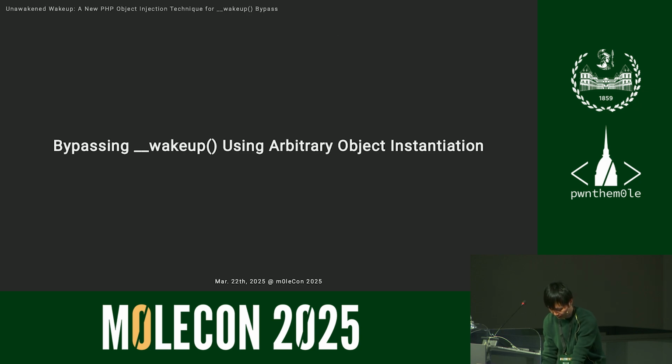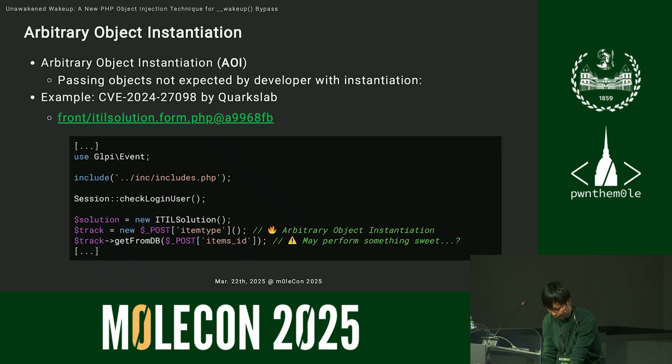Next, bypassing __wakeup using an arbitrary object instantiation gadget. Before discussing the technique, I will first provide an overview of arbitrary object instantiation. Arbitrary object instantiation, or AOI for short, is a vulnerability that allows the creation of objects from arbitrary classes.